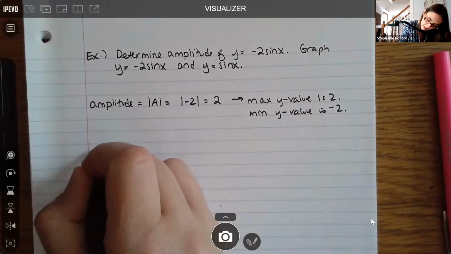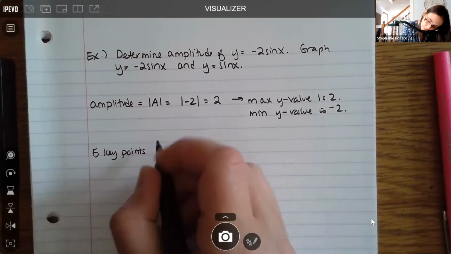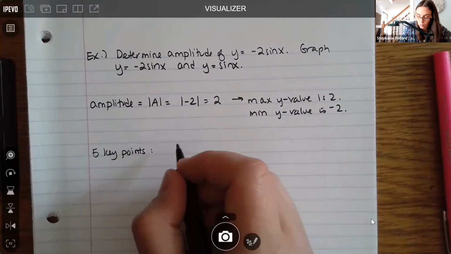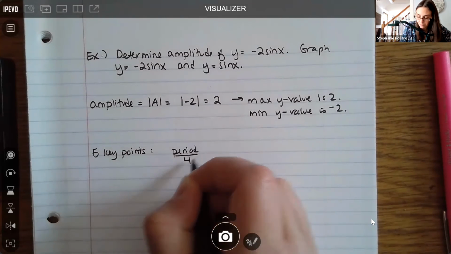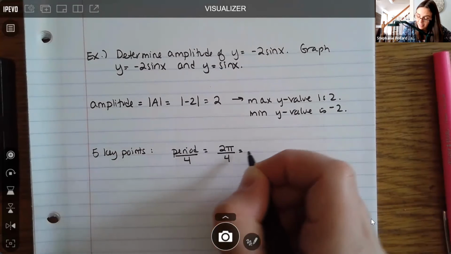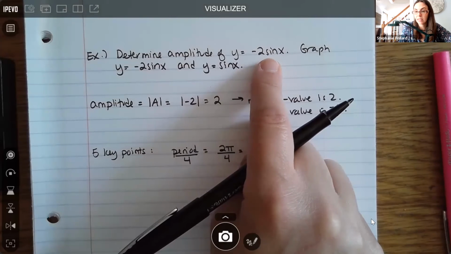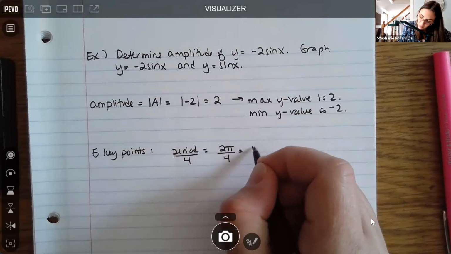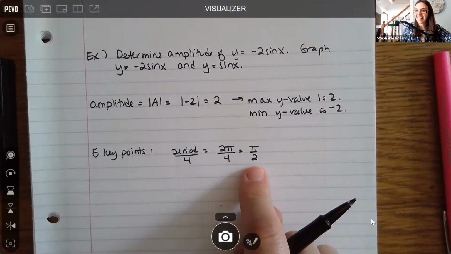Now I want to find my 5 key points. And remember, to do that, you're going to take that period and divide it by 4. Now my period of the sine function is 2 pi. That can change if we do enough modifying, but I'll show you what that looks like. We haven't seen that yet. So this is pi over 2, and you're going to see we actually have the same 5 key x values.